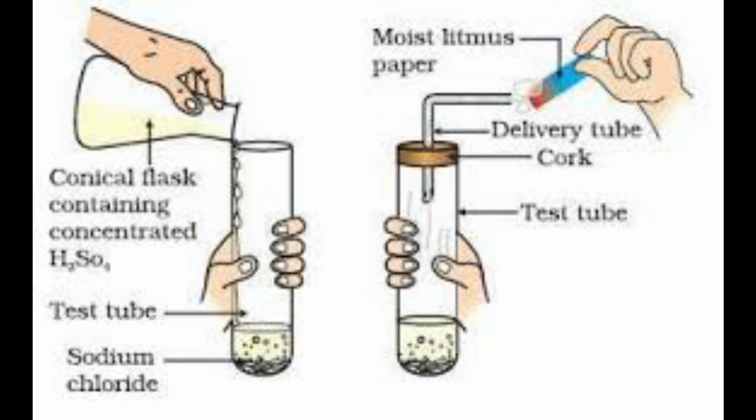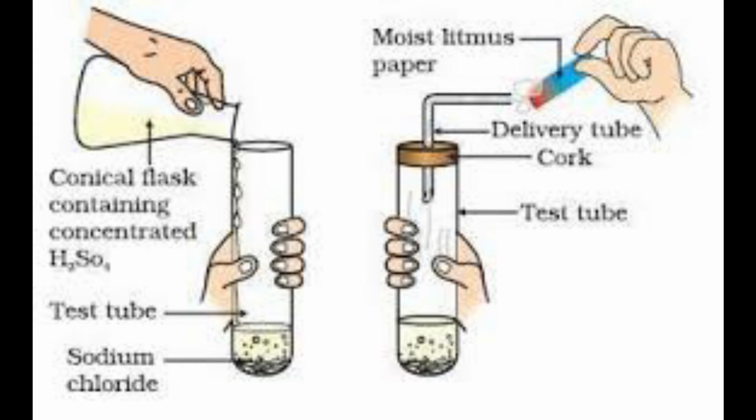Now hold a dry litmus paper in the hydrogen chloride gas, and there is no change on the dry blue litmus paper. We know that acid turns blue litmus to red. Now moisten the litmus paper and place it near the mouth of the tube, and you can see there is a change: the blue litmus turns red.